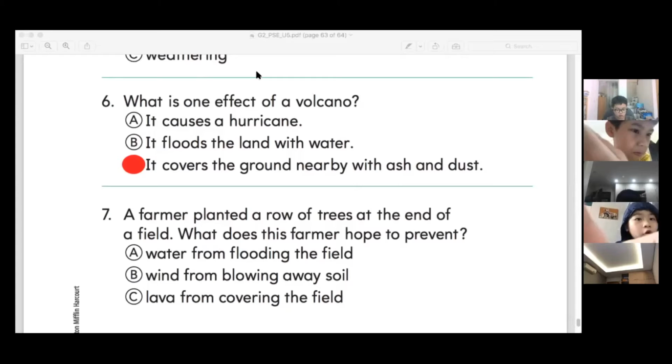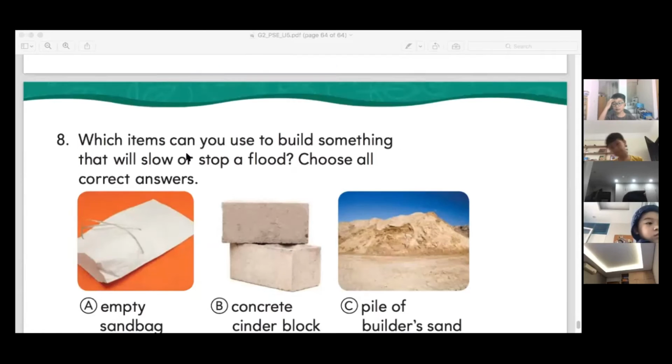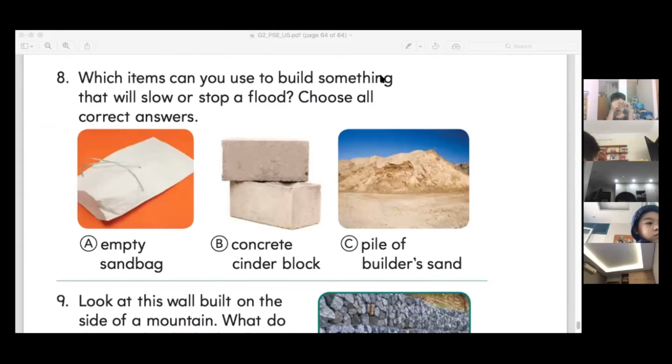Wind from blowing away soil. Yes, remember the windbreak is a row of trees or bushes that help stop the wind from blowing away the rich soil that the plants need. Does that make sense, Milk? Yes.